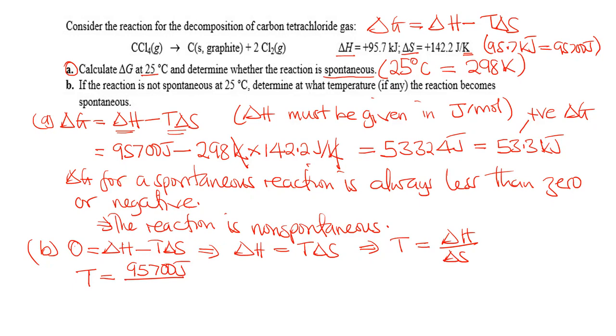Divide by delta S, which is 142.2 joules per Kelvin. Here the joules are going to cancel, and we are going to remain with Kelvin as our unit. So we are going to have 673 K.